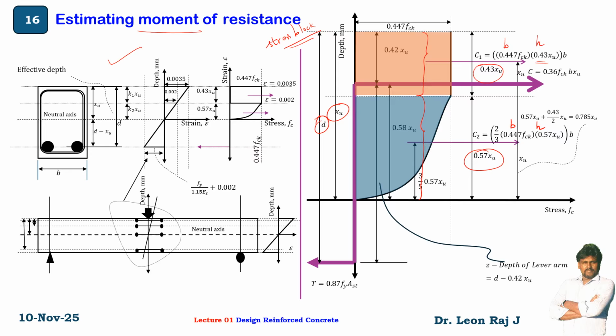In the stress block, the volume is the force, breadth times height, where B is the width of the beam. That is the force acting along the longitudinal axis. Here the x-axis is stress and the y-axis is depth. How we arrive at these forces C1, C2 and T, I will be explaining in the coming slides.